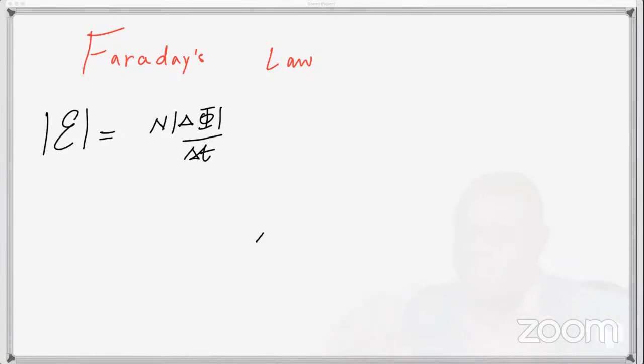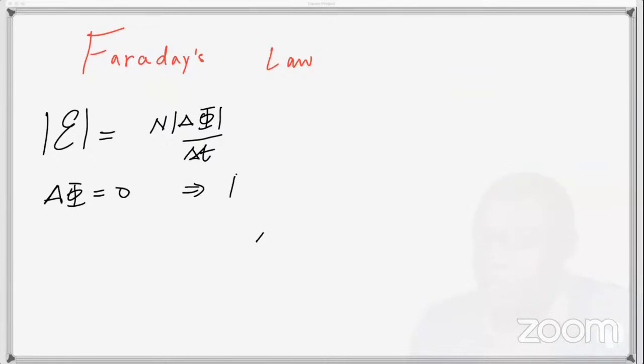Basically, any change in flux will cause an EMF. If the flux is constant, that means if there is no change in flux, then there will be no EMF. So if delta phi equals 0, there's no change in flux, then this 0 divided by delta t is 0, multiplied by n is 0.